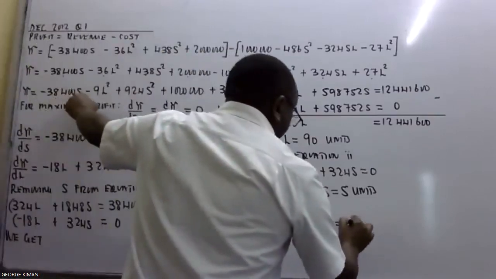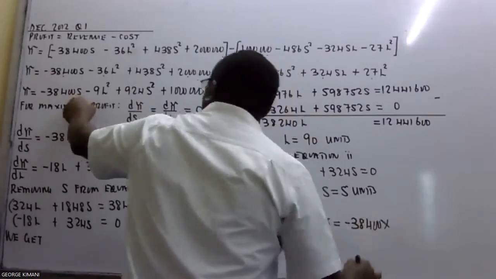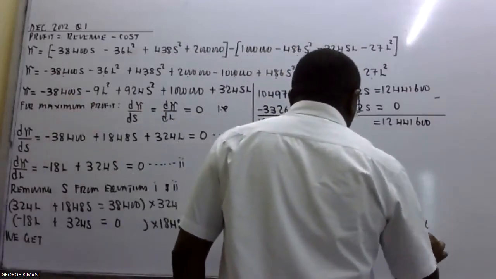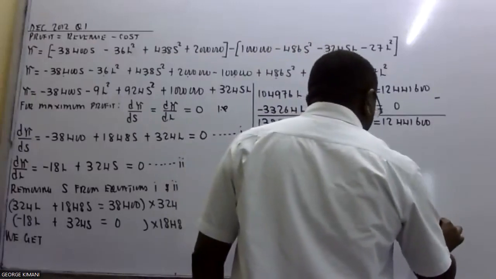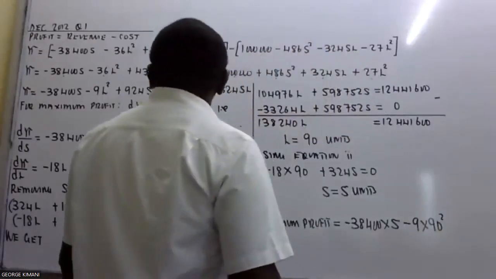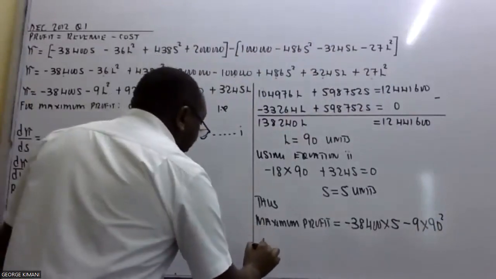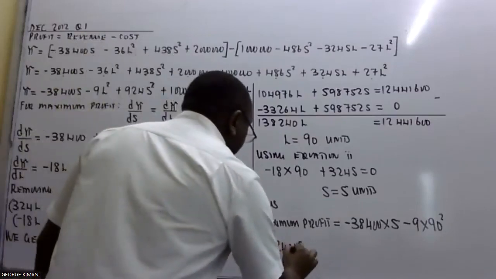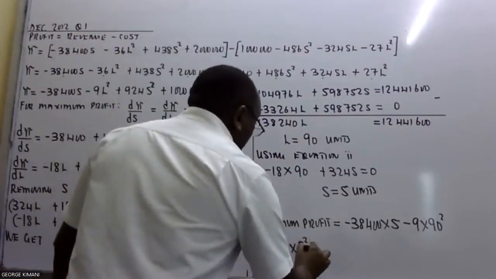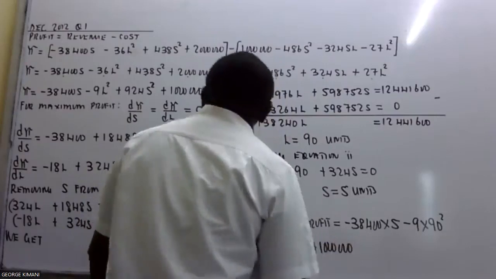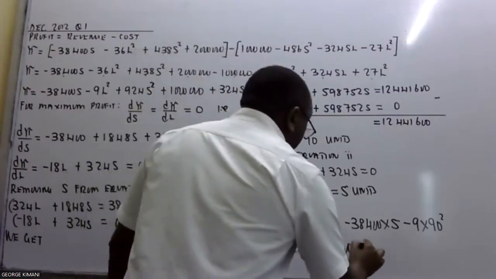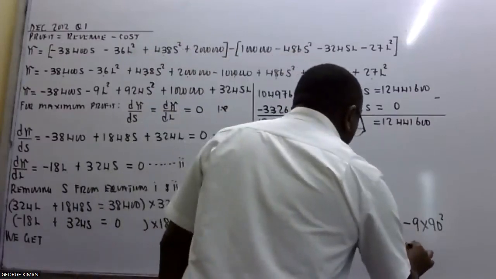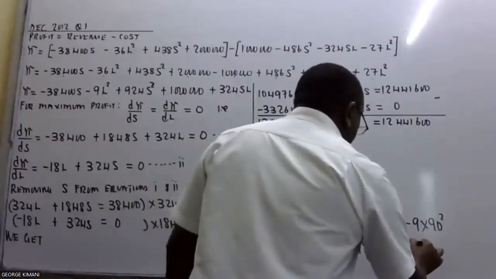Minus 38,400 times S, which is 5, minus 9 times L, which is 90 squared, plus 924 times S squared, that is 5 squared, plus 1 million, plus 324 multiplied by S, which is 5, multiplied by L, which is 90.